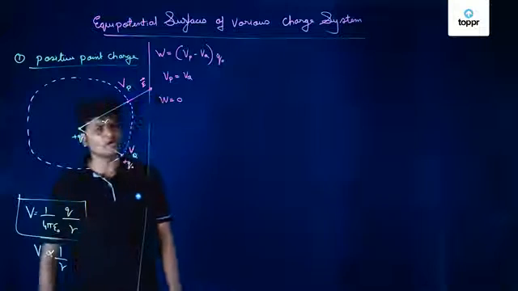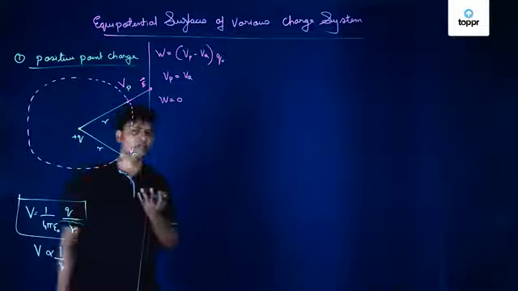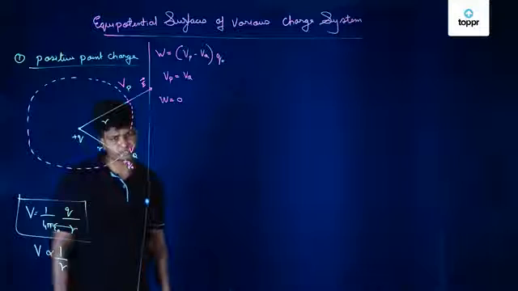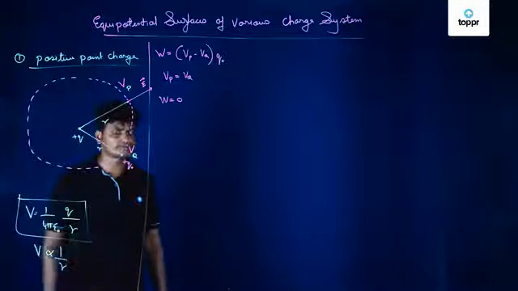Now, let's say the electric field is not normal to the surface. Then what will happen?